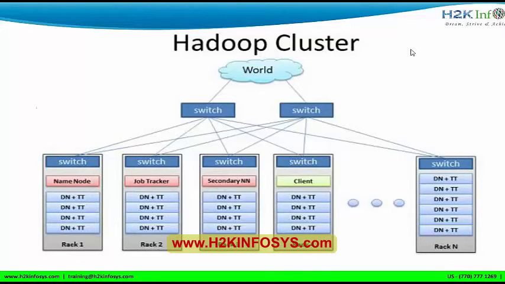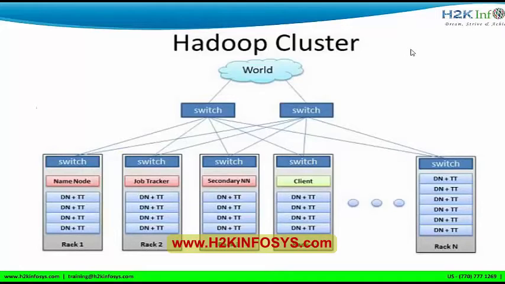Suppose you take rack 1 here: I have a main node in my rack 1, and along with that I have several data nodes. As each data node is associated with a task tracker, on each data node I am showing data node plus task tracker. In rack 1, I have 5 machines in total. The first machine is the name node and the remaining 4 machines are data nodes plus task tracker.